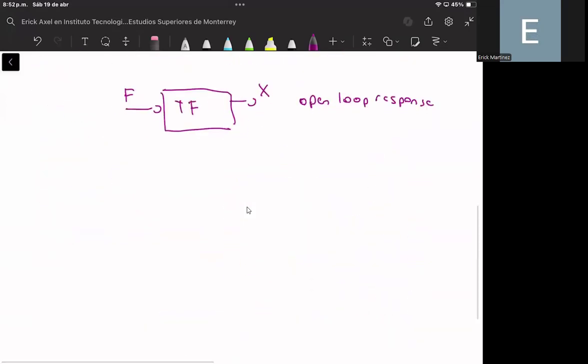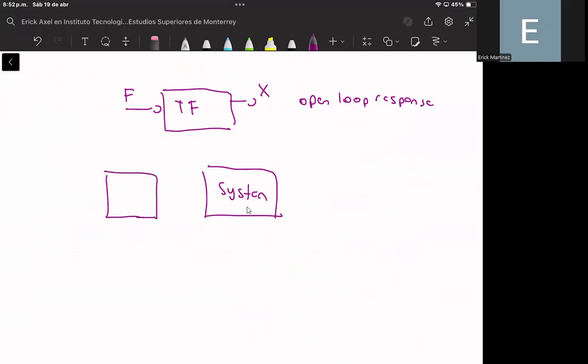So the idea is that we have again the system that we want to control, and I can use a controller, that is basically an algorithm that will tell me what is the necessary force that I need to apply to my system in order to move it into the position that I want. Okay? So the controller is basically an algorithm.